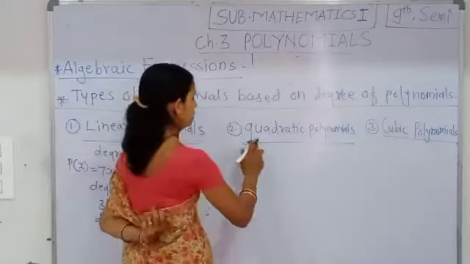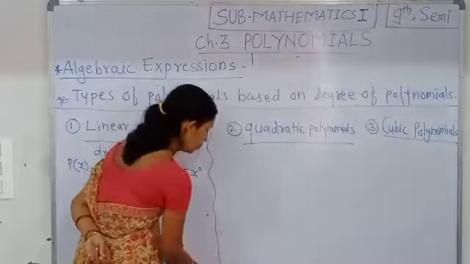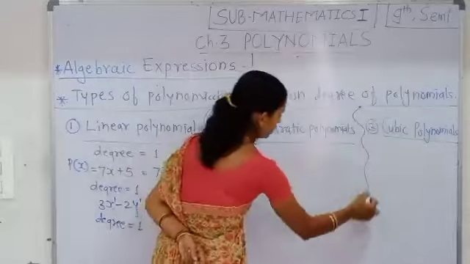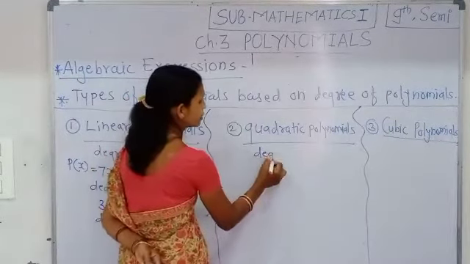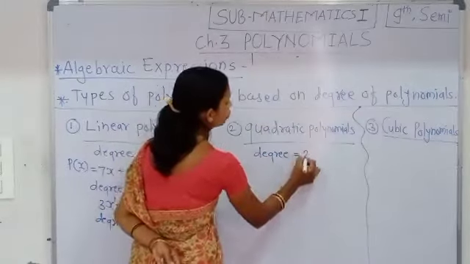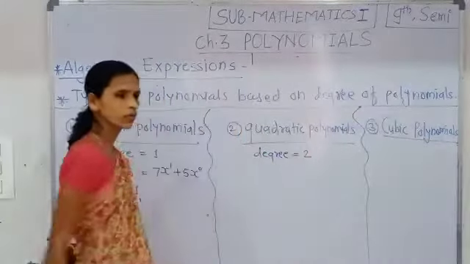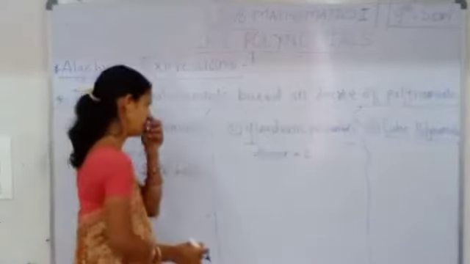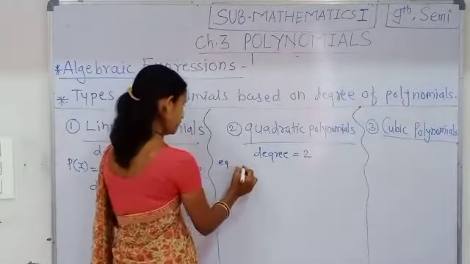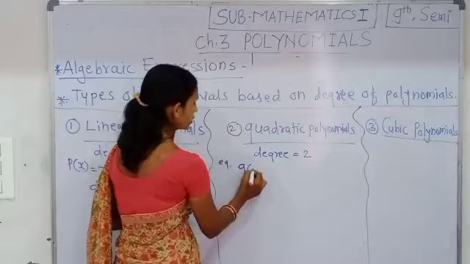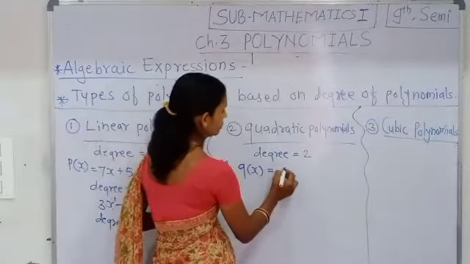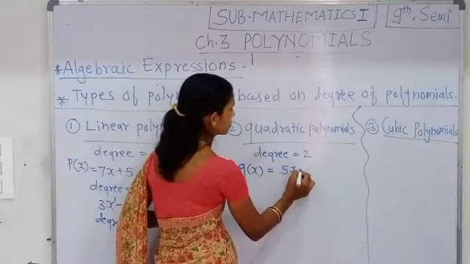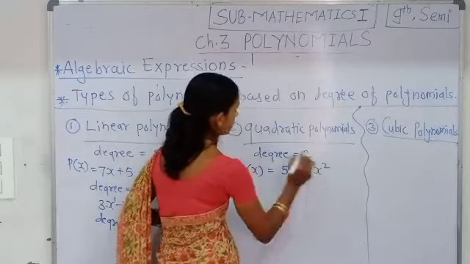As well as the quadratic polynomials. If the degree of the polynomial is 2, then those polynomials are called quadratic polynomials. For example, here q(x), a polynomial in the variable x, is given as 5x plus 7x square.